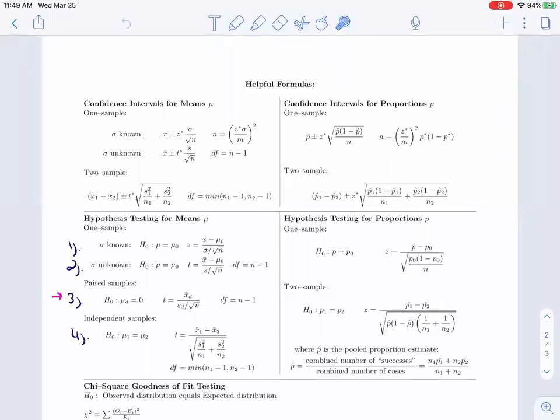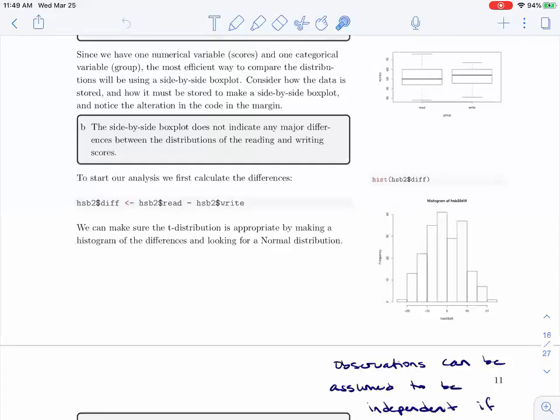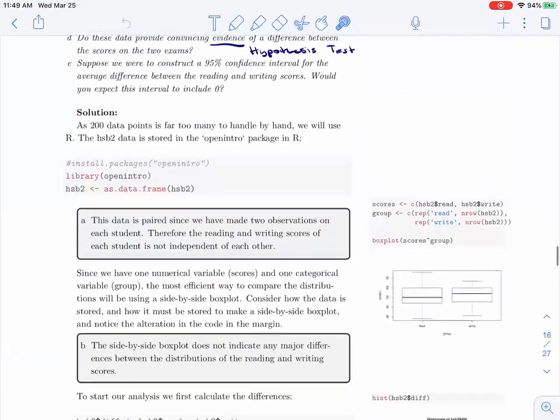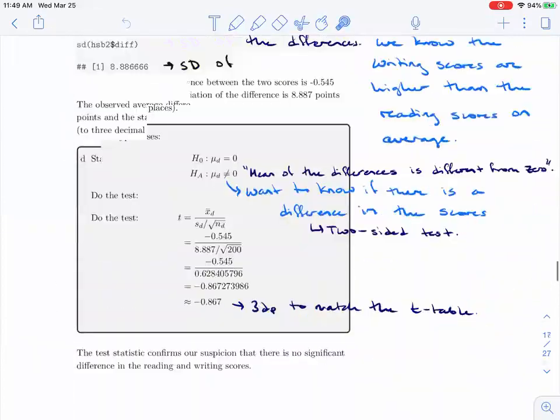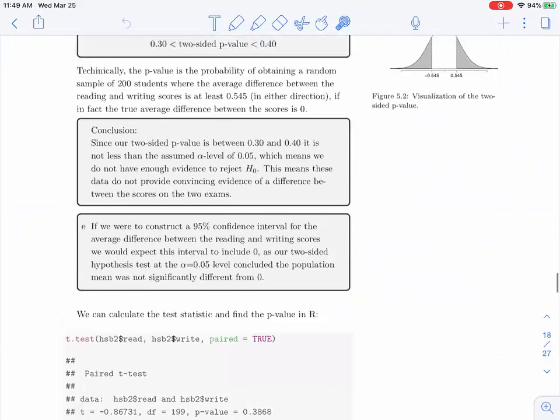It's just that x bar would be x bar of the differences, and then s is the standard deviation of the differences, and n is the sample size of the differences. Right? And so if we made a confidence interval, would we expect the interval to include 0? So going back to what we did here.